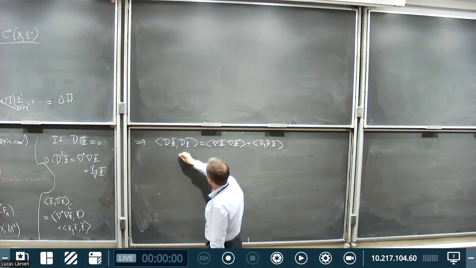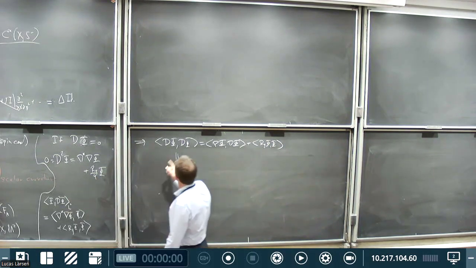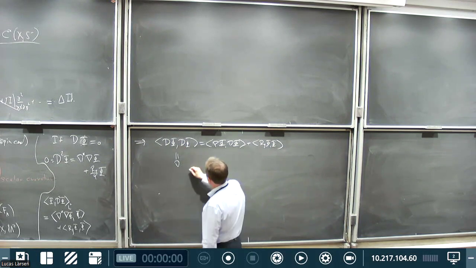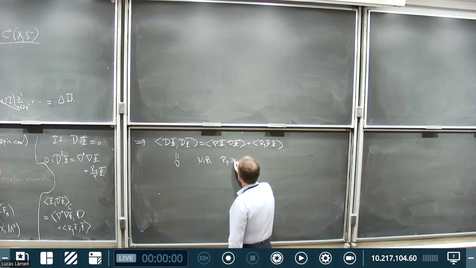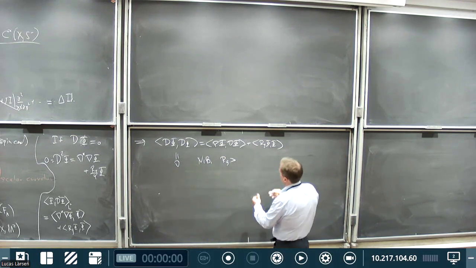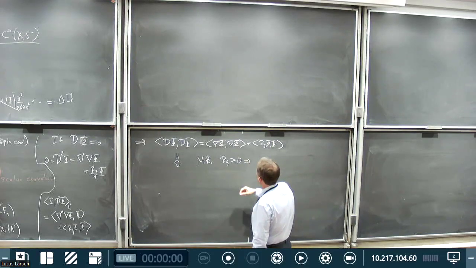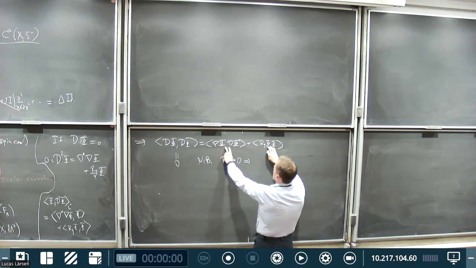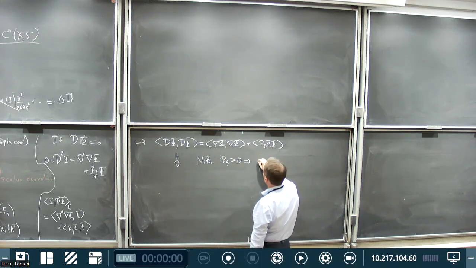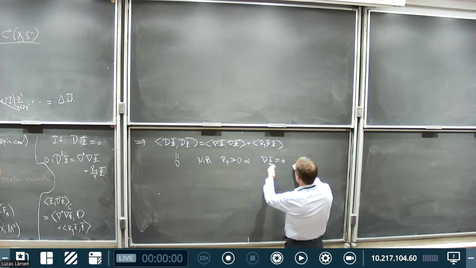And if we're assuming that this is 0, we learn that this is 0. If the scalar curvature is non-negative and positive somewhere, then both of these terms are non-negative, so it implies that the covariant derivative of phi is 0.